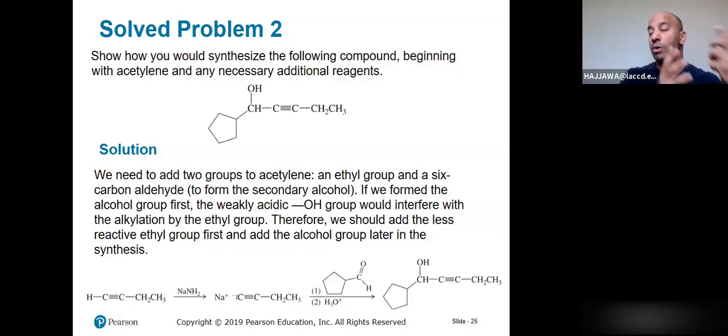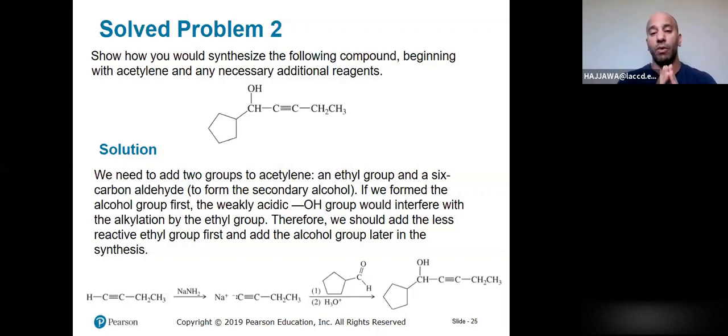The first acidic hydrogen is going to be the alcohol, which has a pKa of 16, and the second acidic hydrogen, that's the alkyne, that's a pKa of 25. So if I insert the alcohol first, I'm not going to end up able to insert the ethyl. So it's important that we do the SN2 first before the nucleophilic addition.